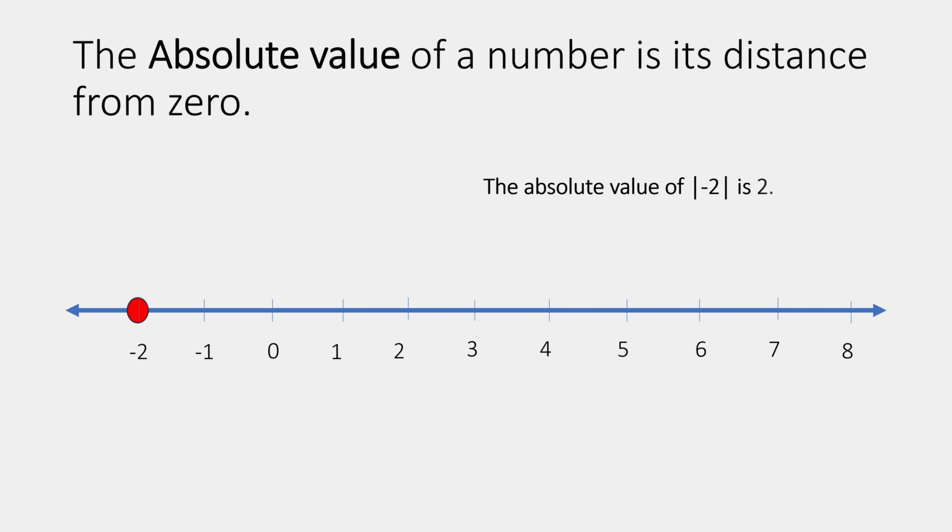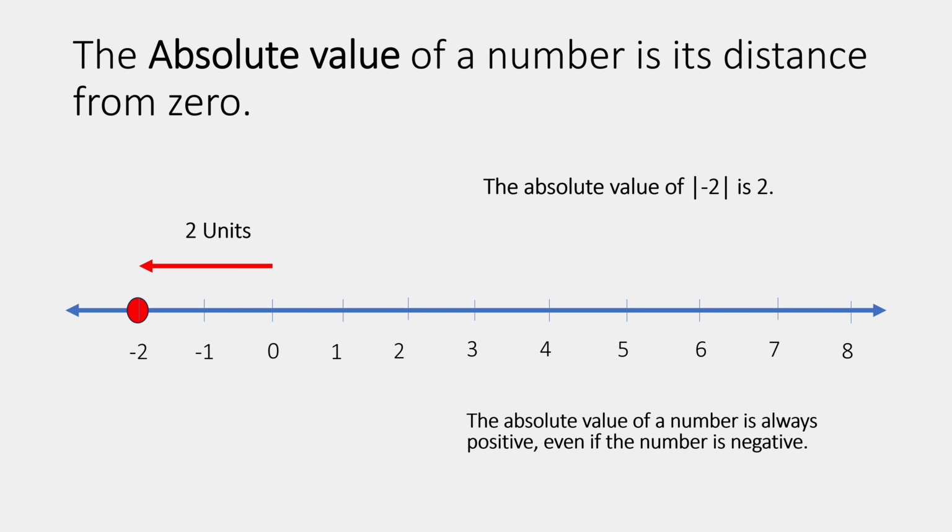The absolute value of -2 is 2 because we move 2 spaces from 0. Even if the number is negative, it is always written as a positive. So for -2, the absolute value is 2. How many spaces did we move from 0 to -2? 2.